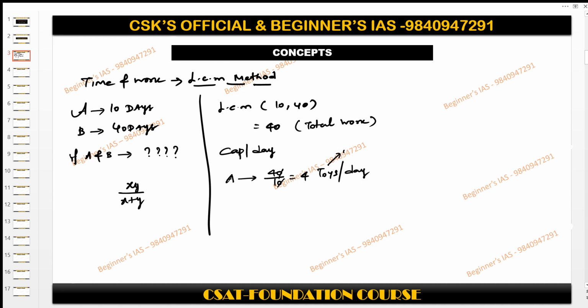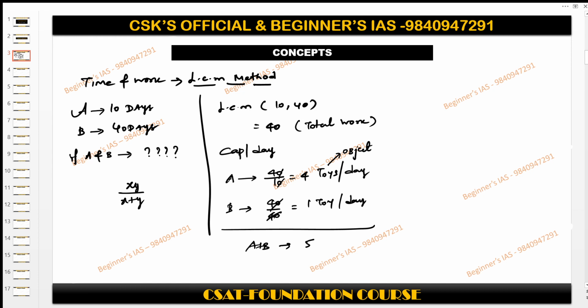This is nothing but the object, which you can take for simplification purposes. Now B alone means 40 by 40, so 1 toy per day. That is the capacity of B. If they are working together, then A plus B can complete 5 toys per day. So per day 5 toys, total is 40.